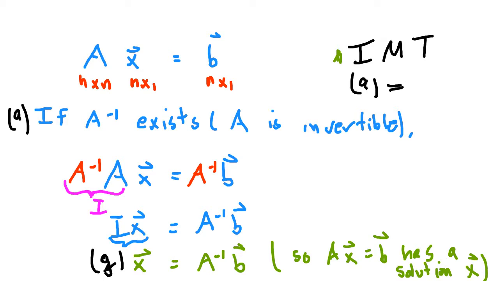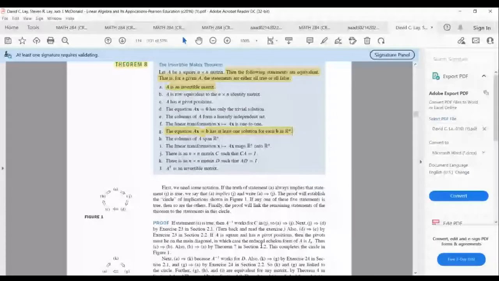This shows that statement A implies statement G. So we go back there: statement A implies statement G.